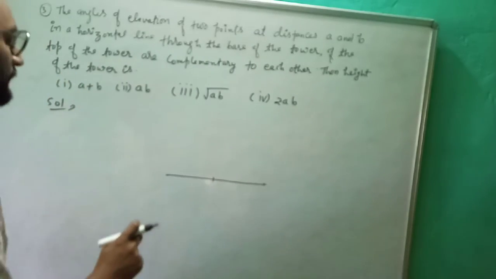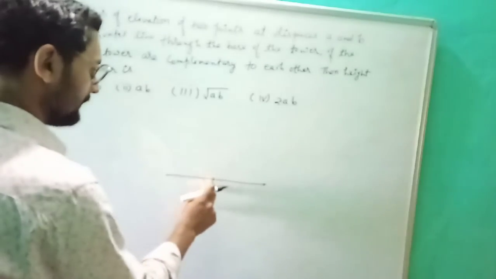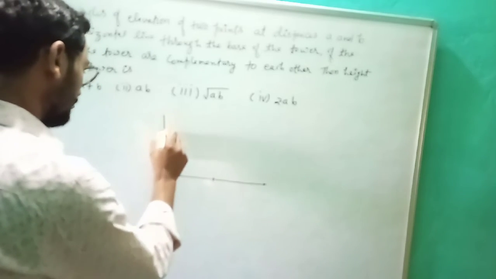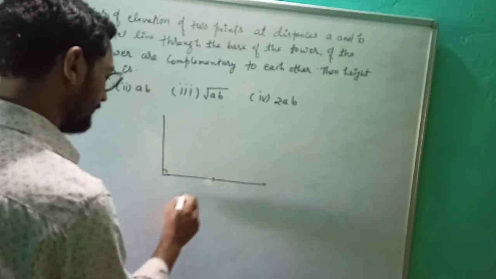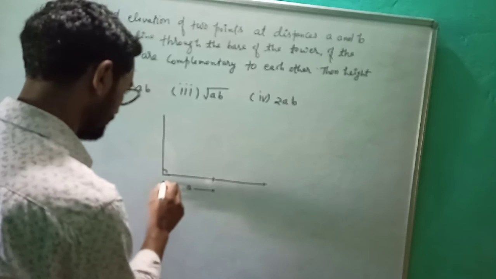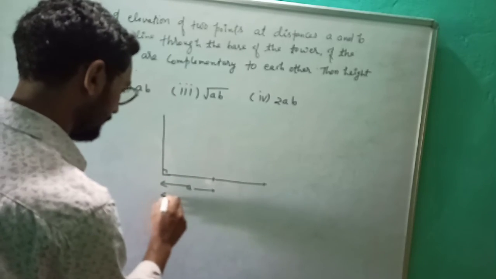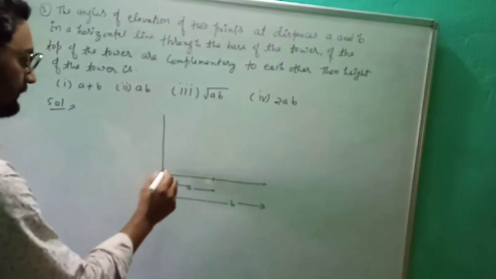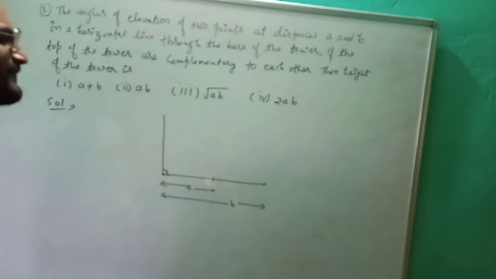Means there are 2 points in this horizontal line which are a and b distance away from the base of the tower. So this is the base of the tower.